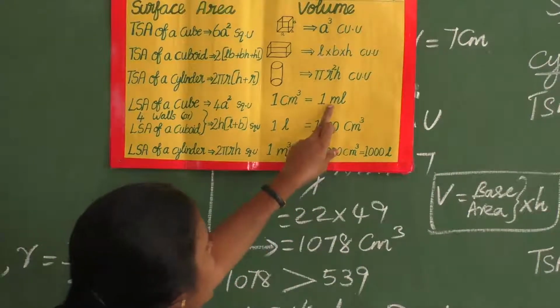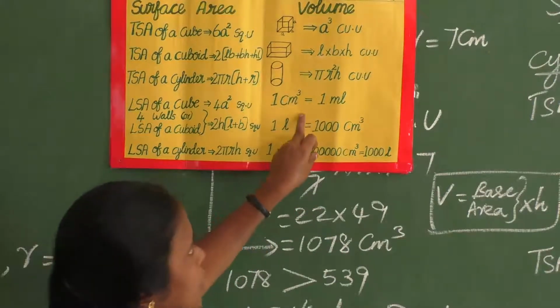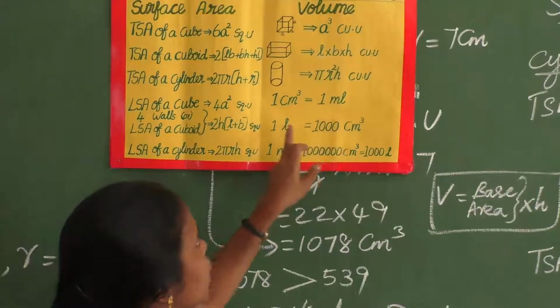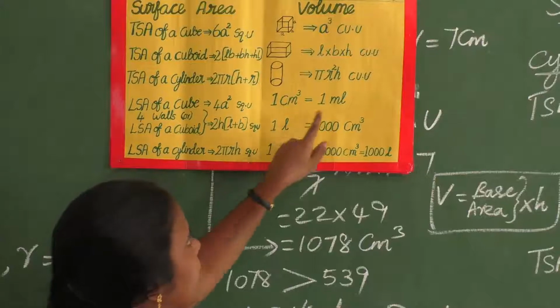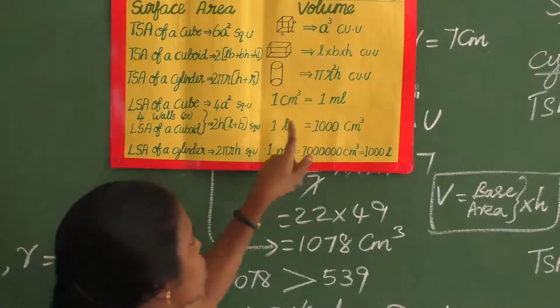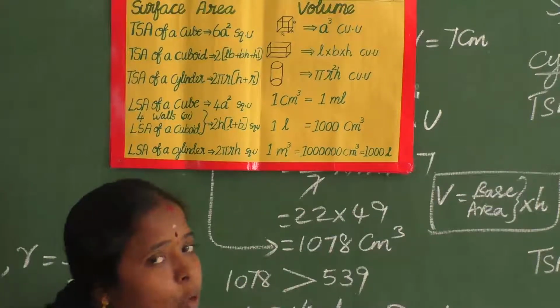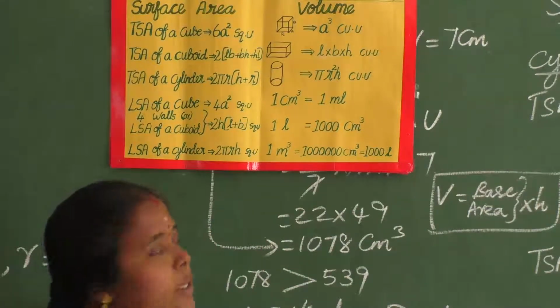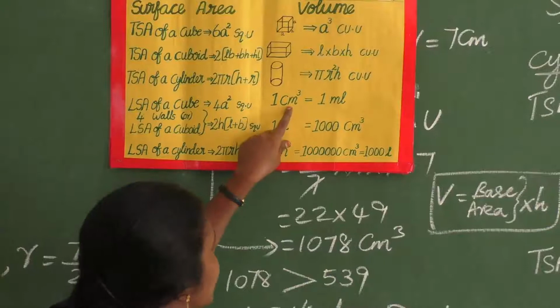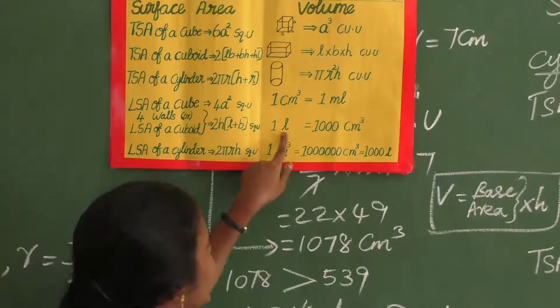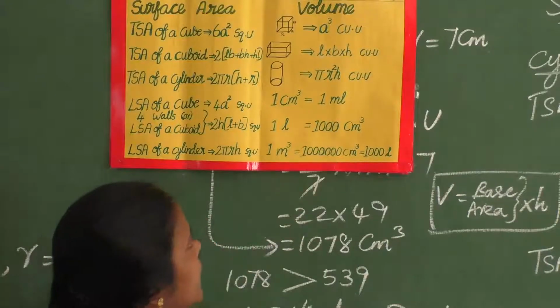Actually 1 milliliter equals 1 cm³. 1 liter equals how many milliliters? 1000 milliliters. So 1000 milliliters, how can we tell in cm³? 1000 cm³. So 1 cm³ equals 1 milliliter, and 1 liter equals 1000 cm³.